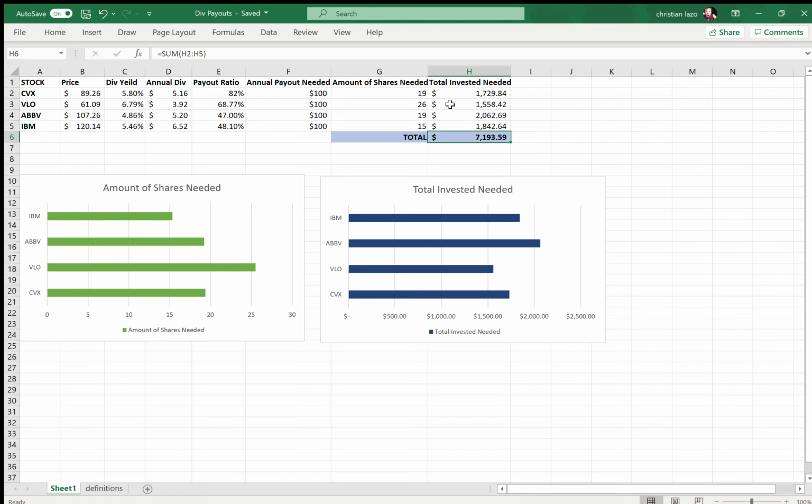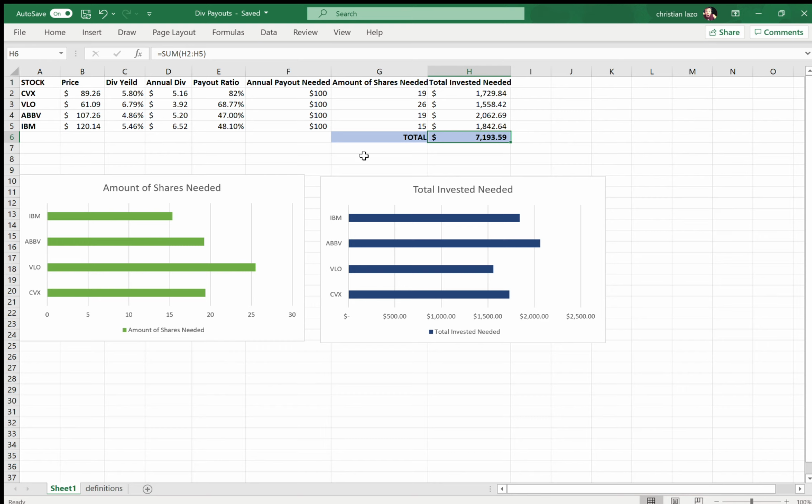And at the bottom, I just summed it up. You can see up here, sum it up, and then just drag it down, and press enter, and it'll automatically calculate it for you. So in total, from all these 4 stocks, in order for me to receive $400 quarterly, which is pretty good to me, I would need a one-time investment of $7,193.59, or, to round it up, $7,200.